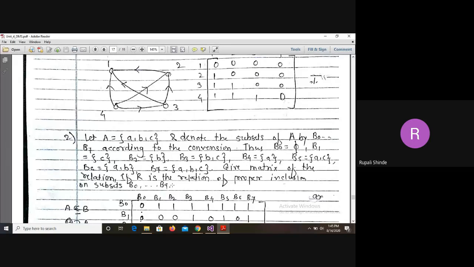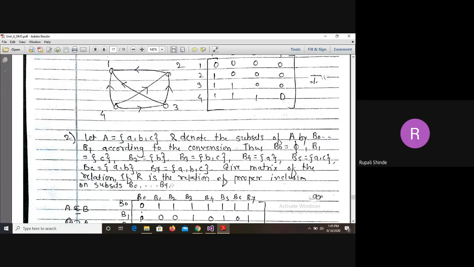Okay. So here they have defined one set A, which consists of 3 elements, A, B, C, and again they have given the subsets of A, and those are represented from B0 to B7. Now they have asked us to find the matrix of the given relation.